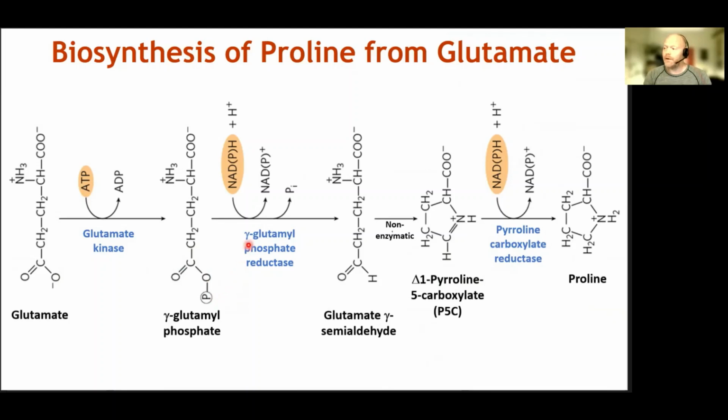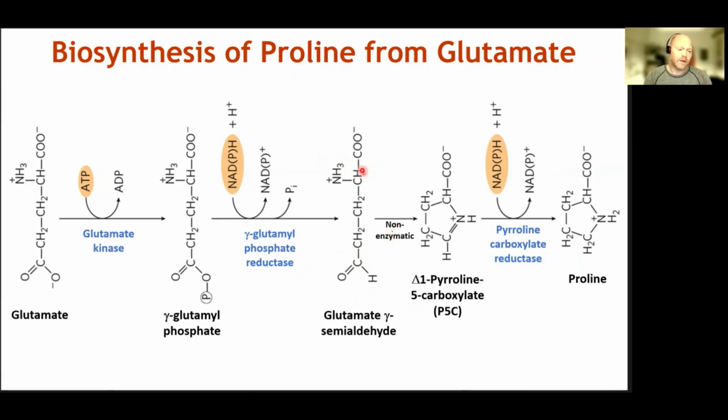In the next step, gamma-glutamyl phosphate reductase uses NADPH to remove the oxygen and the phosphate attached to it, producing the aldehyde version of glutamate, shown here. This aldehyde is very reactive towards amines at acidic conditions, and there happens to be an amine very close.